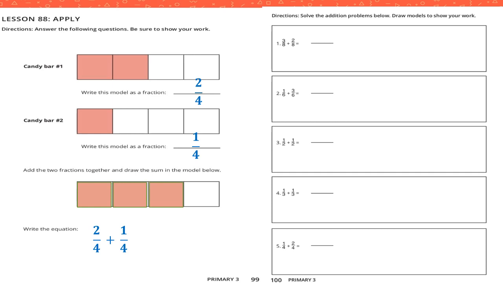So the numerator is 3 and the denominator is 4, no change. So the result will be 3 over 4. Don't forget, when we have same denominators, the denominator does not change.